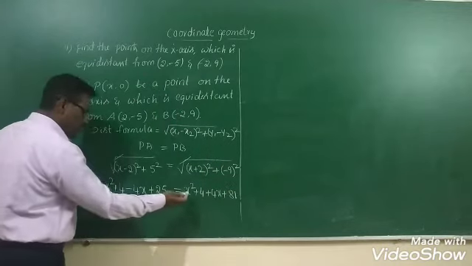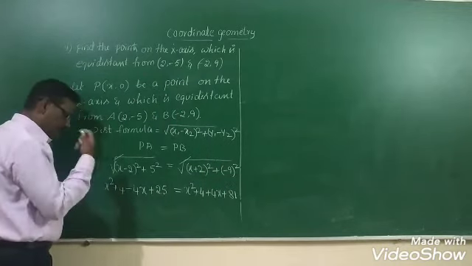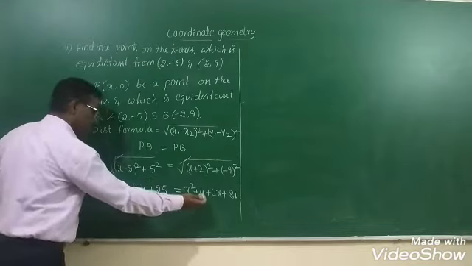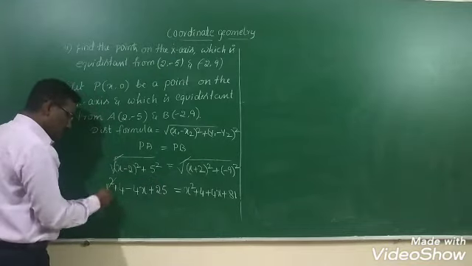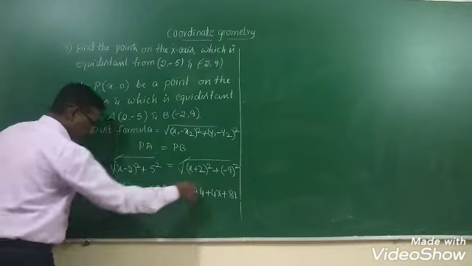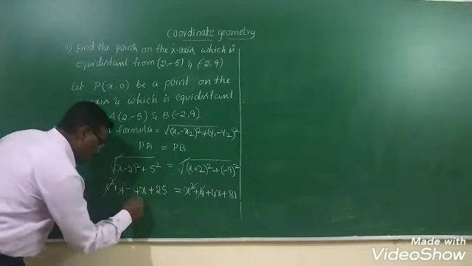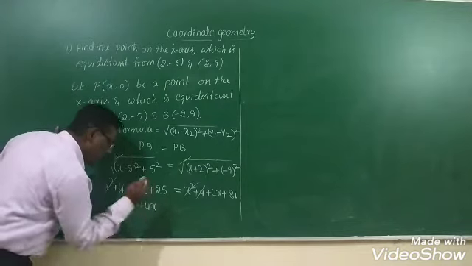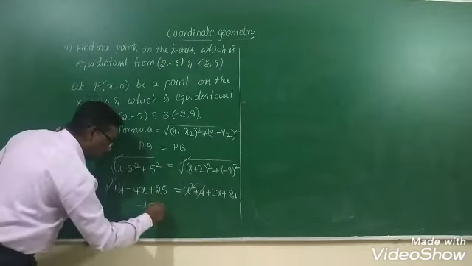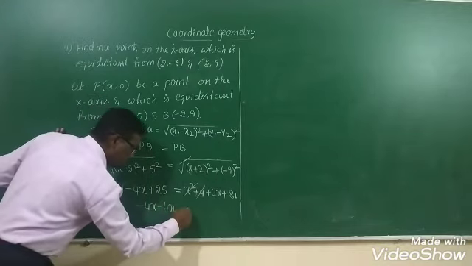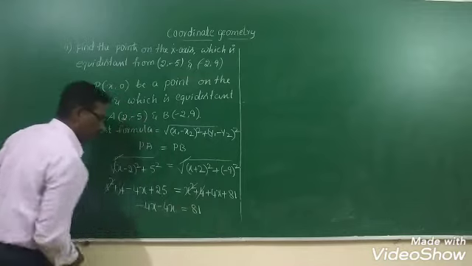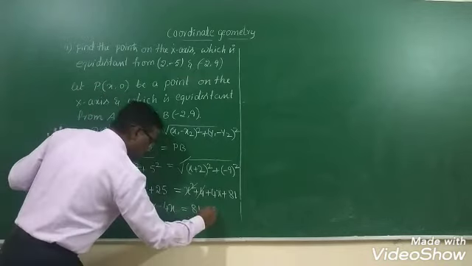By transposing x square here, it becomes minus x square, plus 4, also it becomes minus 4. These two get cancelled. Again minus 4x. By transposing plus 4x here, it becomes minus 4x equals 81. Plus 25 comes there, minus 25.